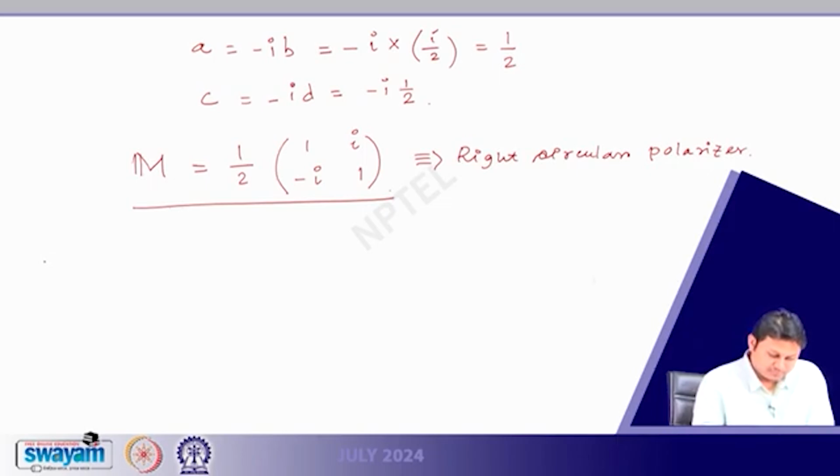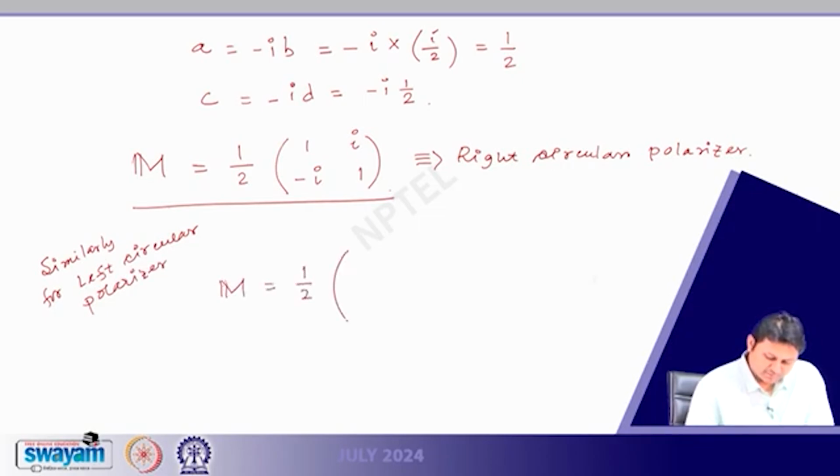In a similar way, for the left circular polarizer, the Jones matrix M can be found. I am not doing that; I strongly suggest the student calculate it in exactly the same way.